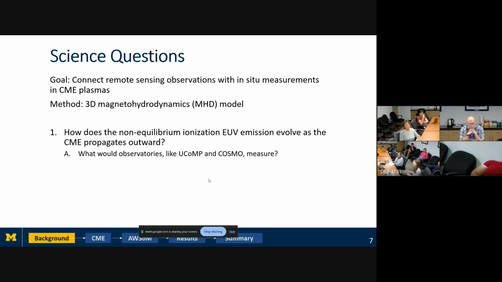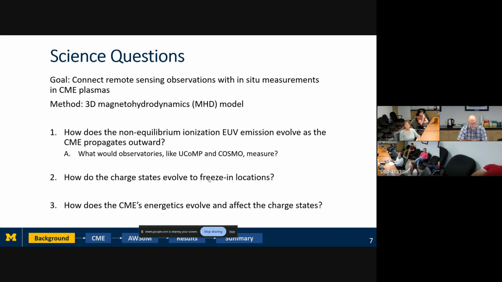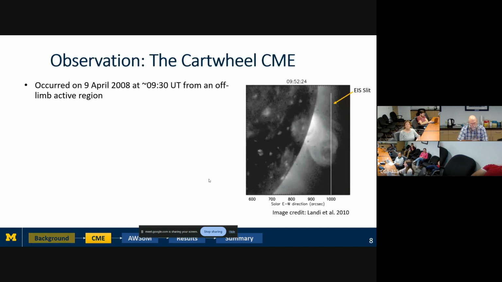And that leads to, what would observatories moving away from EUV, but maybe towards visible, like UCoMP and COSMO, measure? As well as, how do the charge states evolve to these freeze-in locations? And this would affect the EUV emission. And then how does the CME's energetics, the heating budget, really affect the charge state evolution? So this is everything I'm going to attempt to talk about in the rest of the presentation. That brings us to the observation, which is the cartwheel CME.